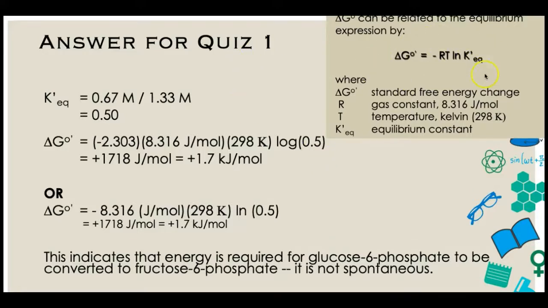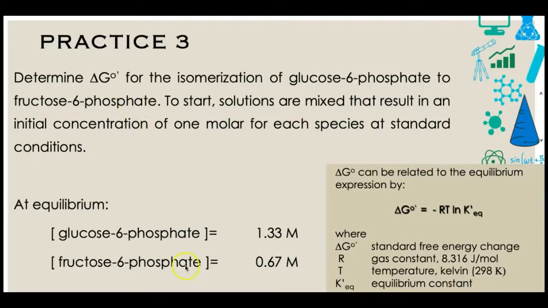We simply use this calculation. The standard free energy change equals negative R, which is the gas constant at 8.316 joule per mole, times T, the temperature in Kelvin, which is 298 Kelvin, times the natural log, ln, of 0.5. 0.5 is obtained through the K equation, where the fructose 6-phosphate is divided by the glucose 6-phosphate.